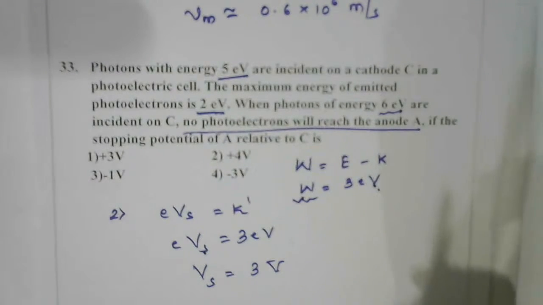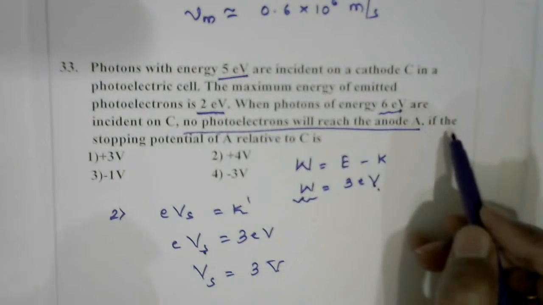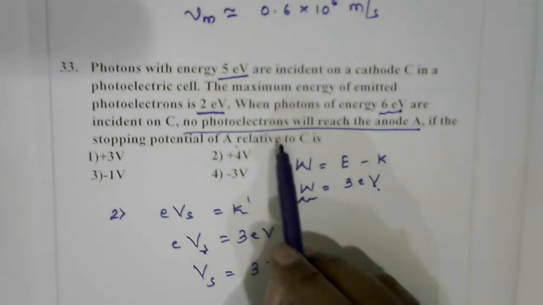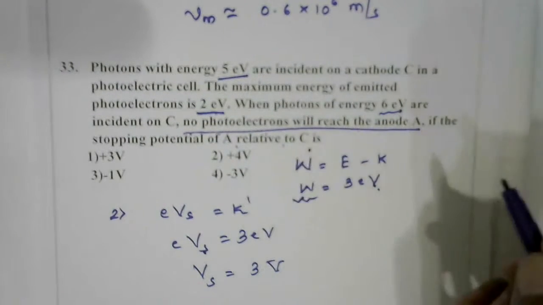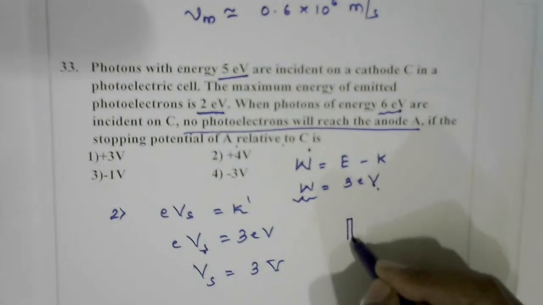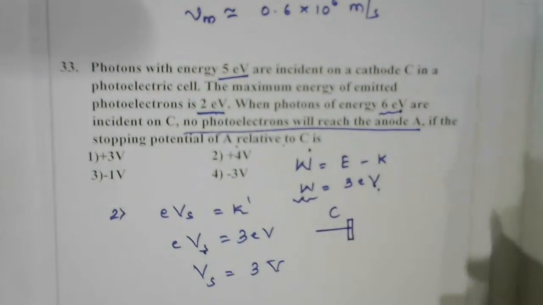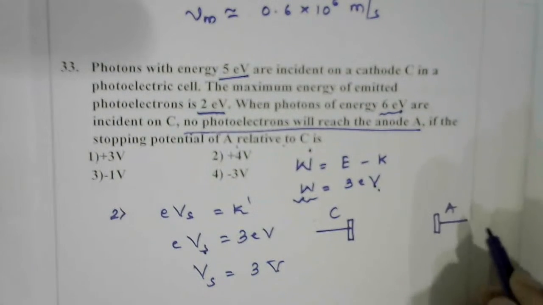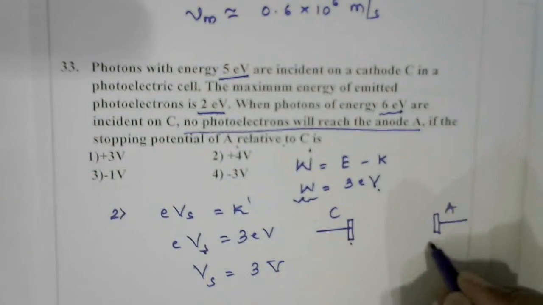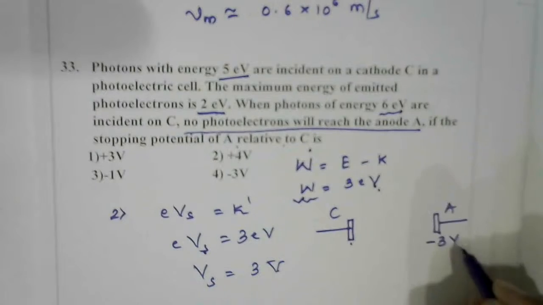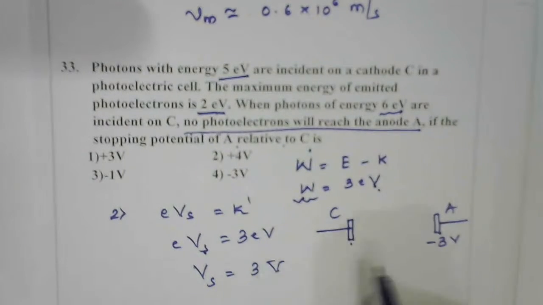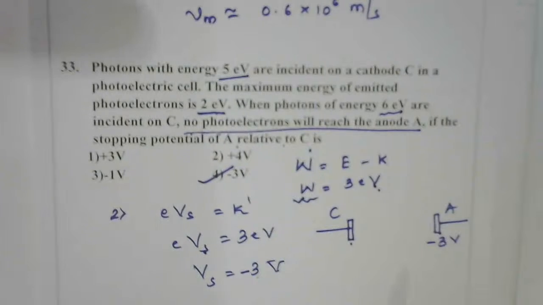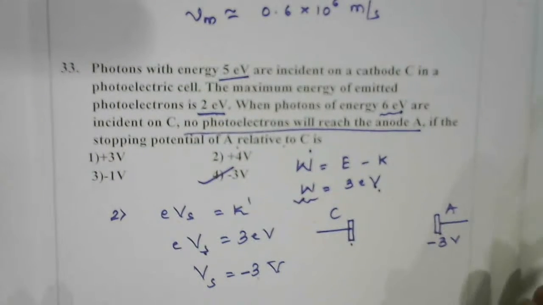But here the question has a little condition: the stopping potential of A relative to C. When you take A relative to C, C is your emitter, the cathode, whereas A is your collector, the anode. So this relative to this, you are applying a negative potential. So ultimately we have to go with minus 3, so we go with the last option.